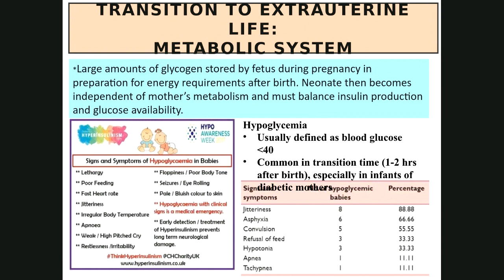So it's producing the amount of insulin that it's used to producing, but it's on its own now and its sugars will drop. So the baby has to figure that out. But in the meantime, it might get hypoglycemic. That's why we test babies for hypoglycemia if they're large for gestational age. Okay.